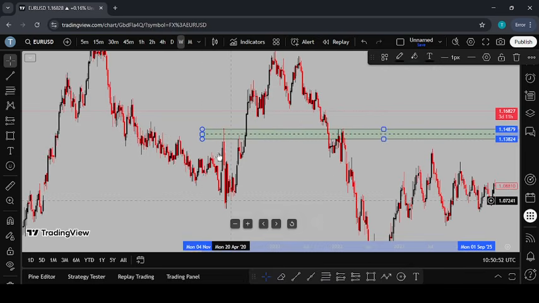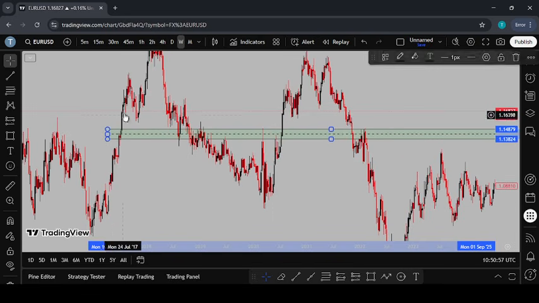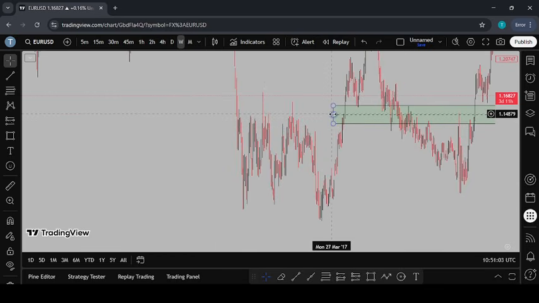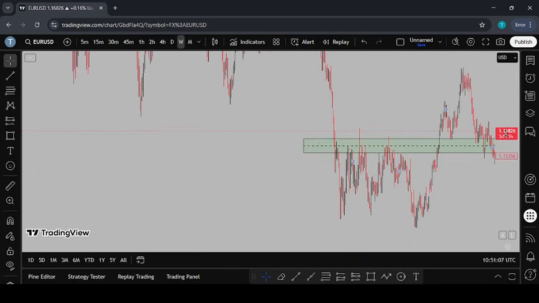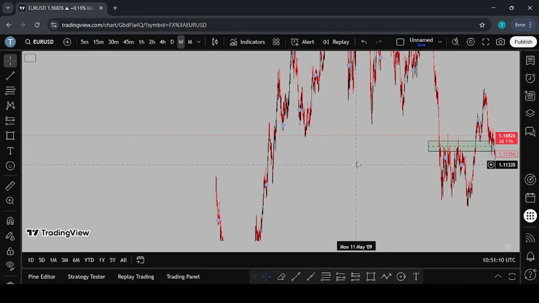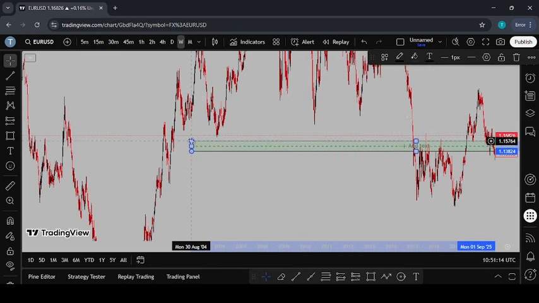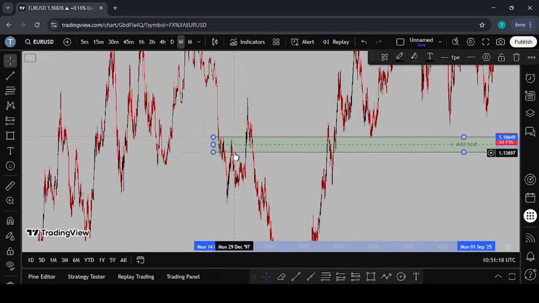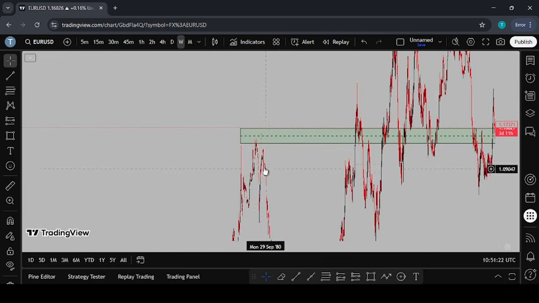You can see market tapped in here, rejected, all the way to this region. There was also rejection when it comes here. Look at all the rejections when market tapped into this level. We are tracing it back to look at the history of how market has been moving towards this level. Rejected again, rejection, rejection. Market has been bouncing off and on this level for years.